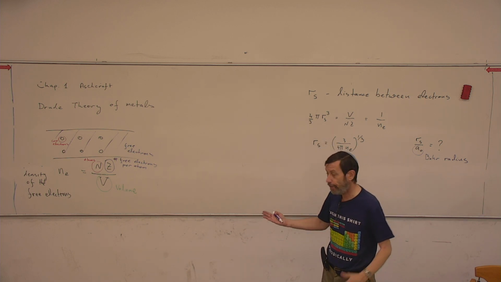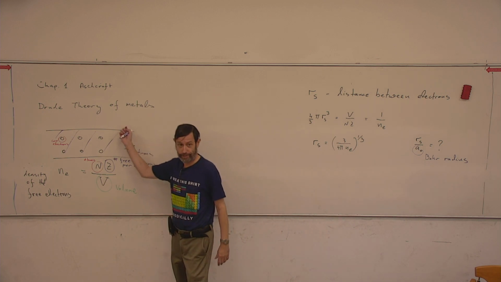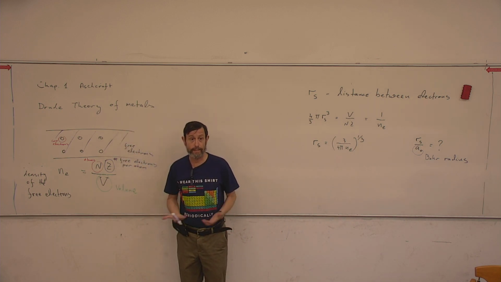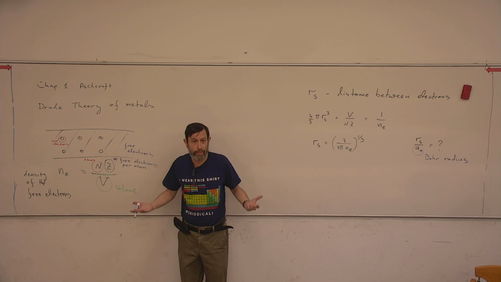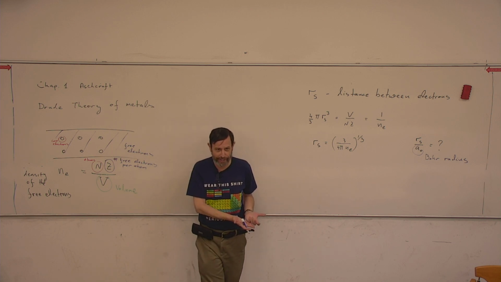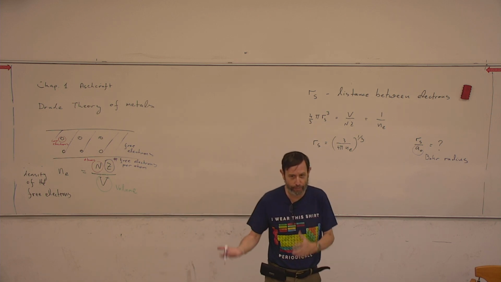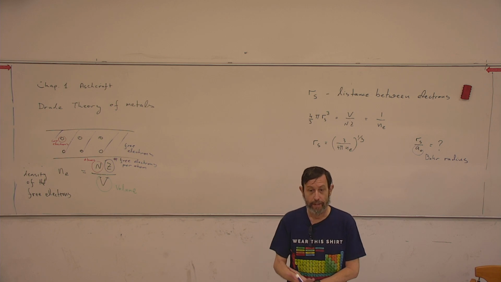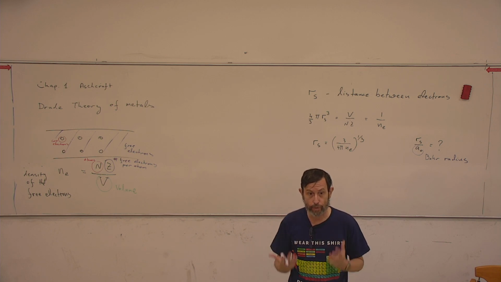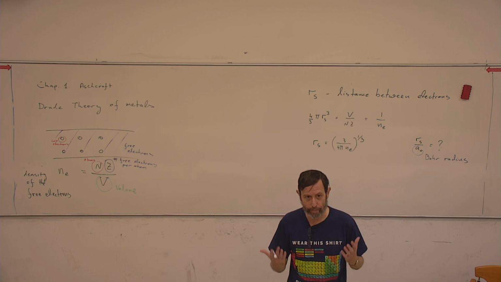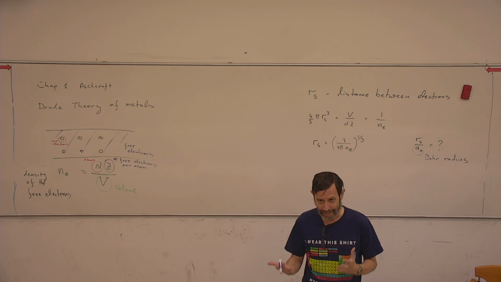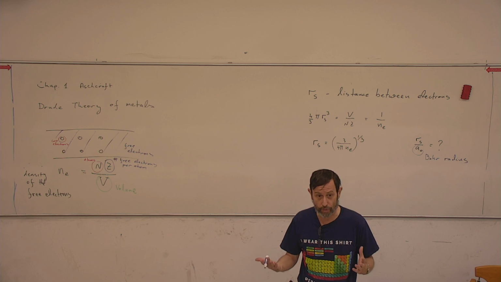What do I measure here? Free electrons. But how do I separate the charge that comes from free electrons from the charge that comes from bound electrons? With an electric field. Exactly. I have to do an experiment where I put an electric field and see what flows and what doesn't flow.